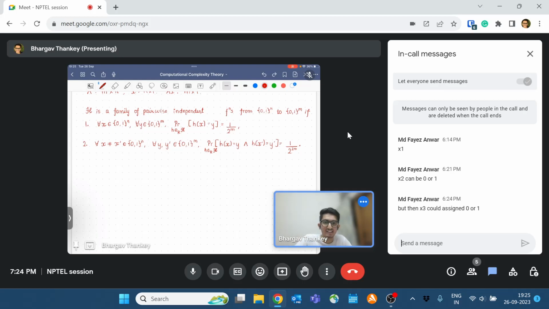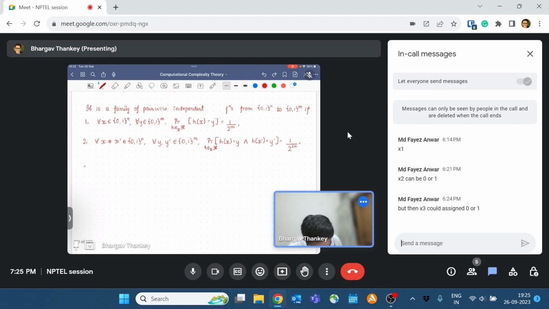And Z is X XOR Y. That is, Z is 1 if and only if exactly one of them is heads.